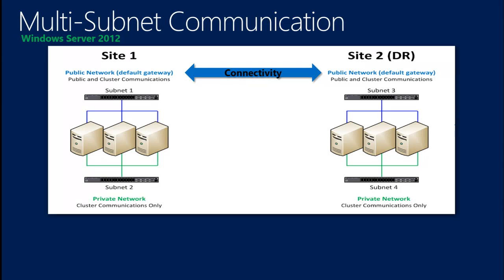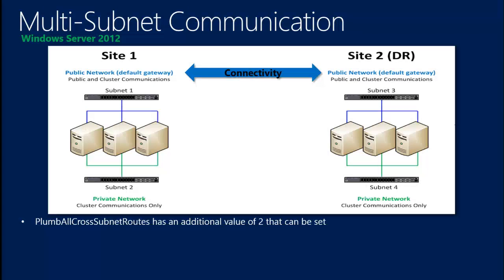This is very similar in that we're doing it with a cluster spanned across sites. So we have the option to set plumb all cross-subnet routes to a new value of 2 in Windows Server 2012. The value of 2 means attempt communication between all nodes, between every node and every other node on all networks, but use the first one that actually works.